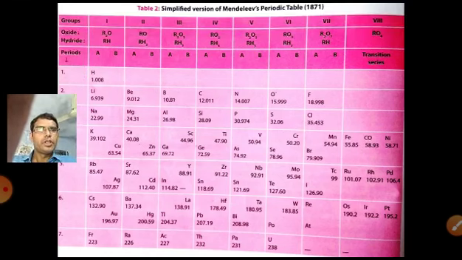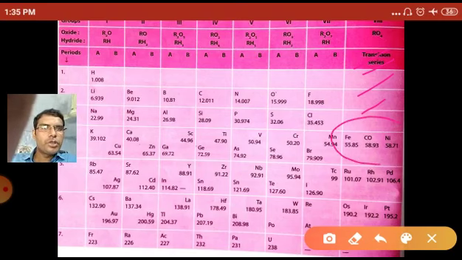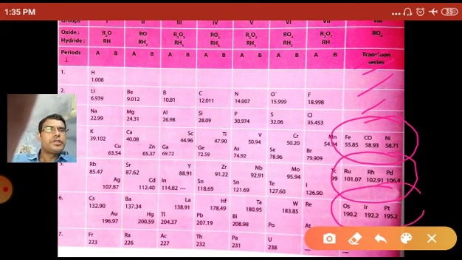Here we can observe the 8 groups. The total 9 elements in 3 sets, in 3 periods, are arranged without any reason. So iron, cobalt and nickel, why are all 3 elements arranged in the same group? Why are rhodium and palladium arranged in the same group?